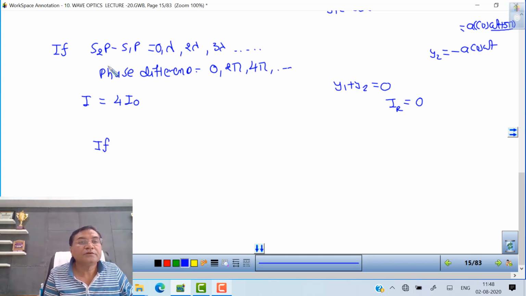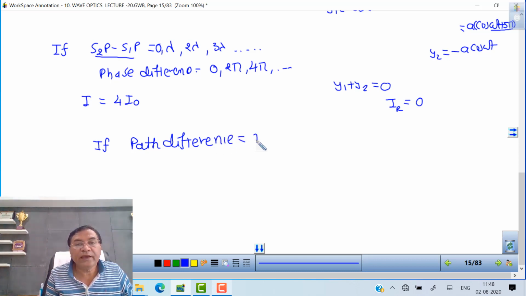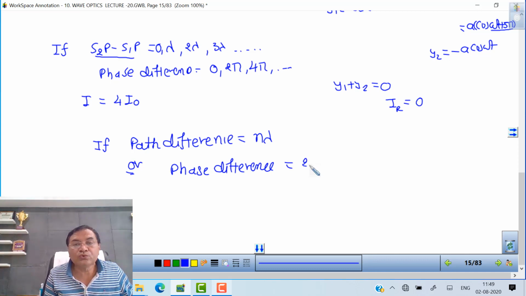If this is called path difference, the difference between the two paths. If path difference is equal to n lambda, or this is called phase difference, phase difference is equal to 2n pi, where n is equal to 0, 1, 2 and so on.